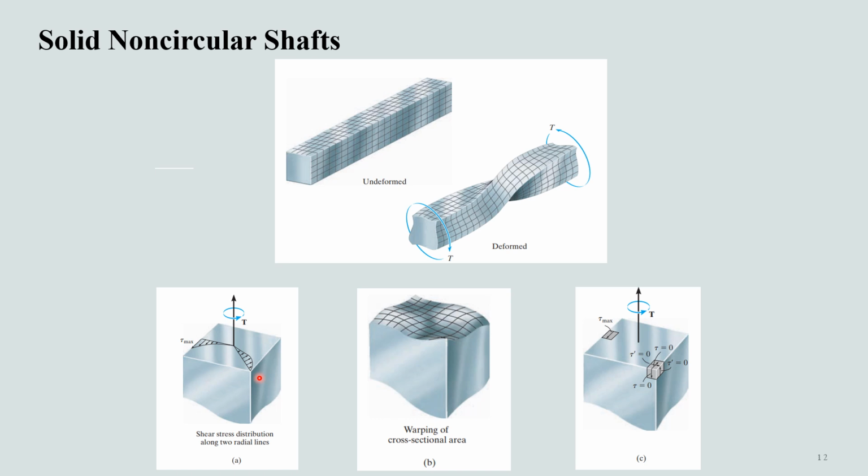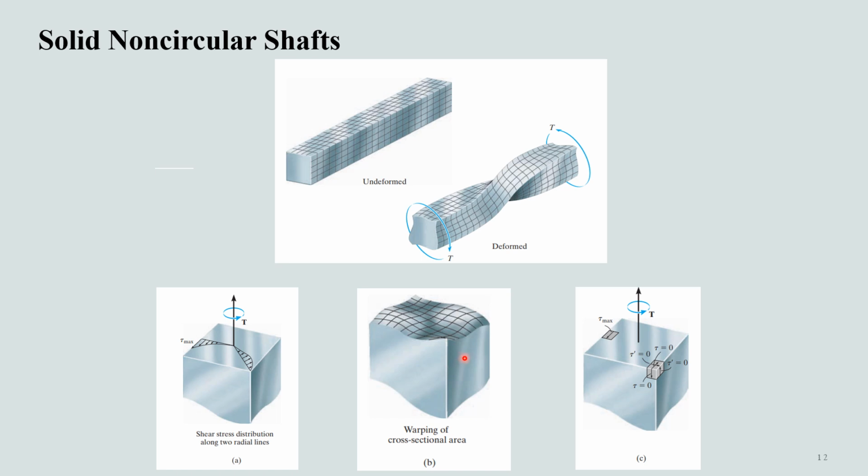Because the shear stress distributions vary in a complex manner, the shear strains they create will warp the cross section, like in this way. You can see here that this cross section is not square anymore after the action of torsion. The cross section has changed, so this cannot be dealt with simple linear elasticity principles.